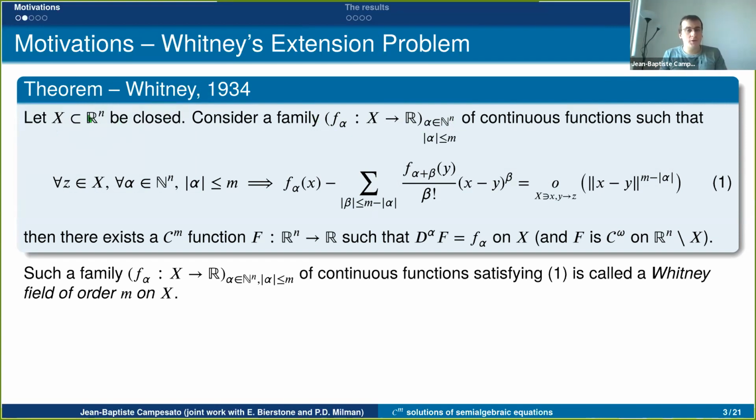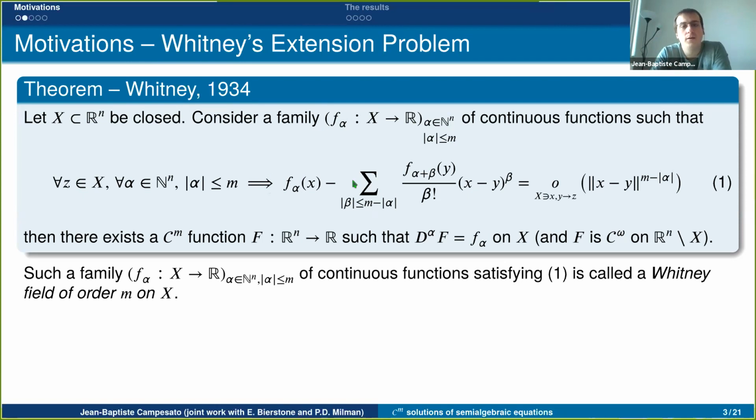If we want to construct a C^m function, we need to work with indices of length less than or equal to m, so the sum of the alpha_i is less than or equal to m. We are going to assume that these continuous functions satisfy a Taylor-like condition.